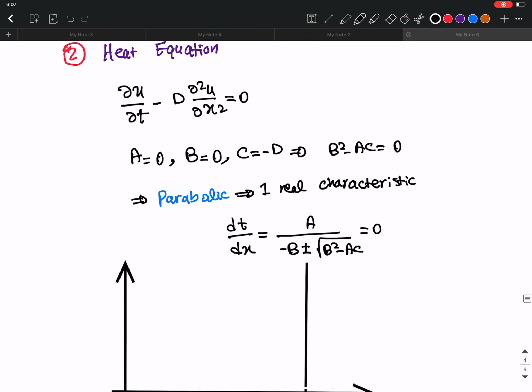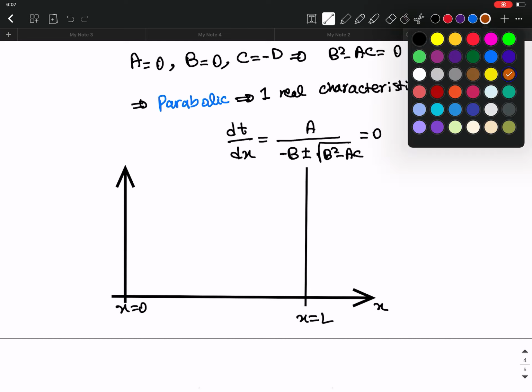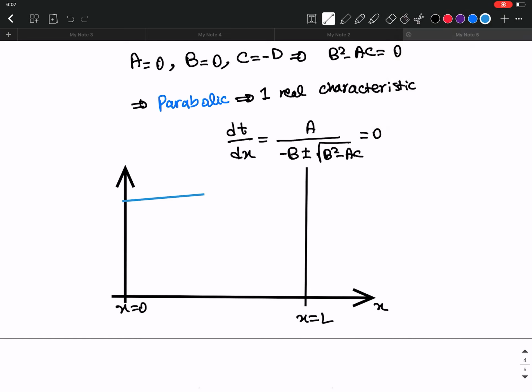So the characteristic curves are going to look something like this, right, because dt over dx is going to be 0.